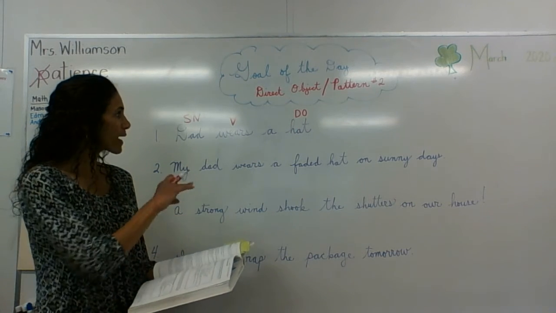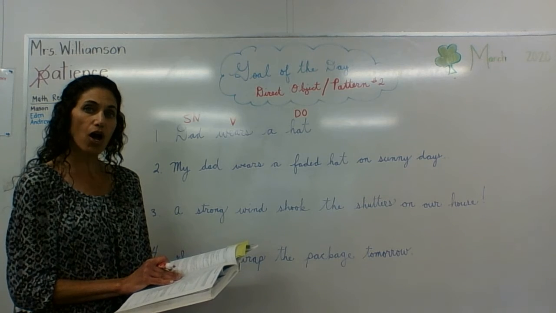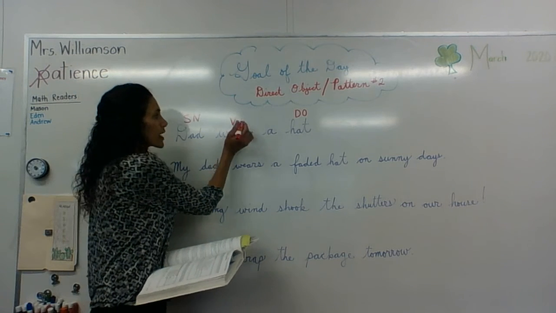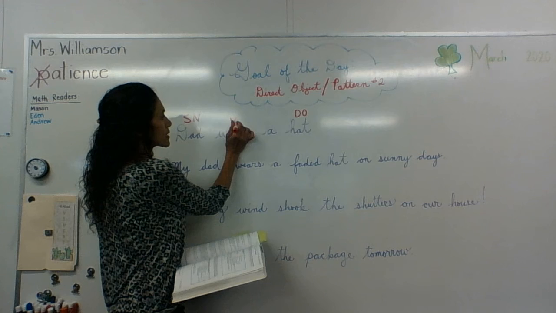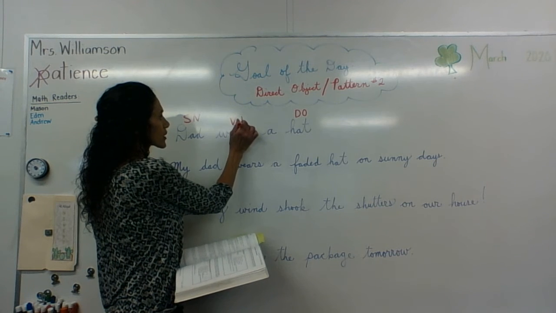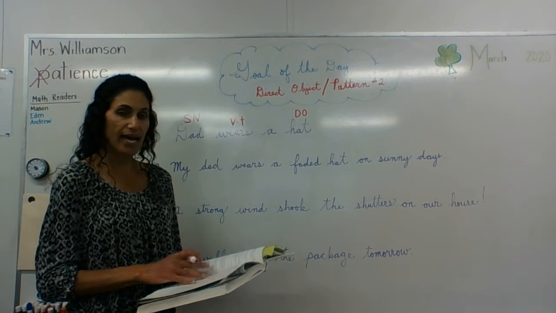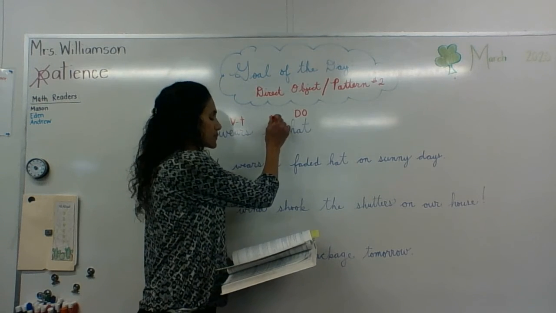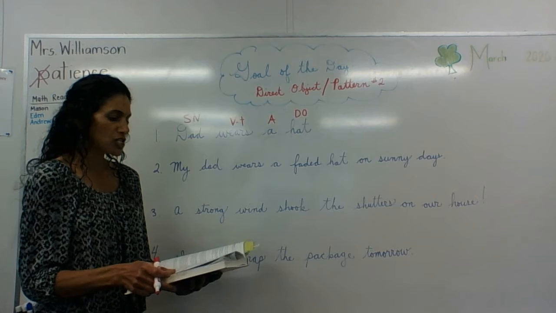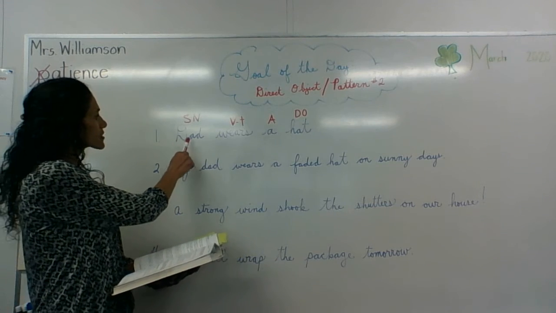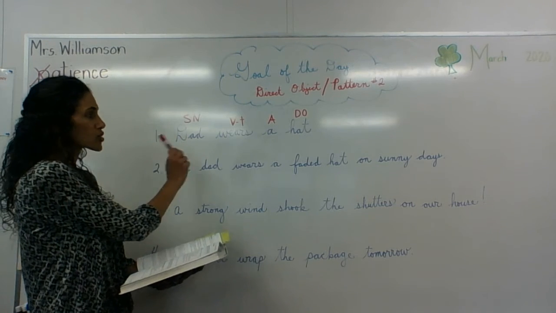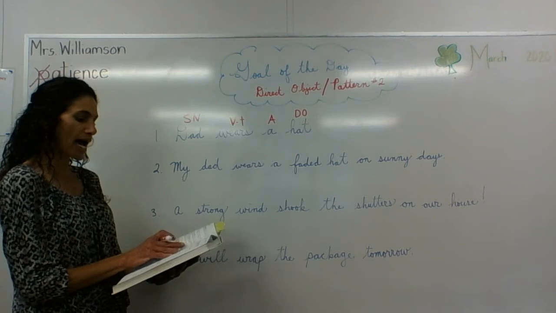Now we have to go back and relabel our verb, because now we have a verb transitive, so all I do is put a hyphen and a lowercase t. So, verb transitive. A, article adjective. So we have subject, noun, verb, direct object, pattern 2.